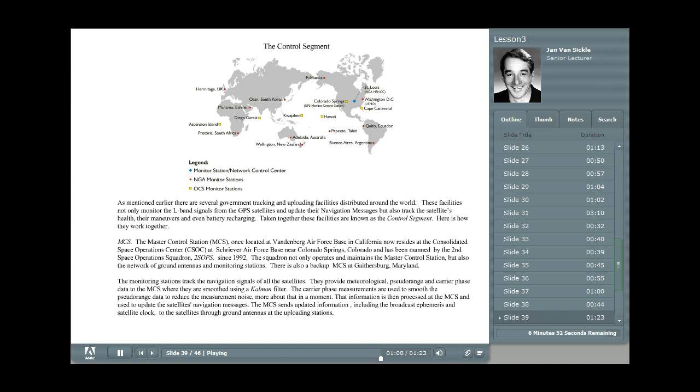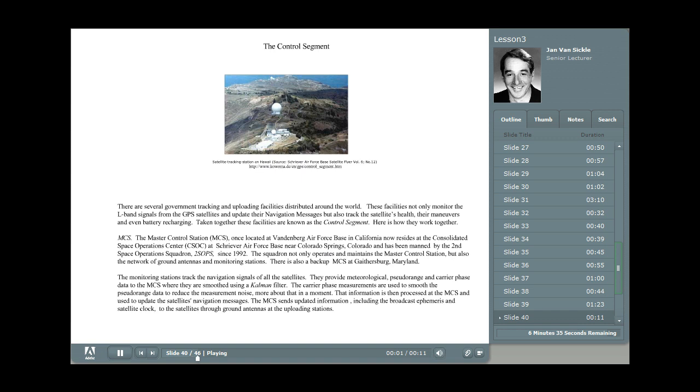The information is then processed at the MCS and used to update the satellite's navigation message. The MCS sends updated information, including the broadcast ephemeris and satellite clock, to the satellites through ground antennas at uploading stations. So the data goes in, it's processed, it comes back out, and then is uploaded back to the satellites.